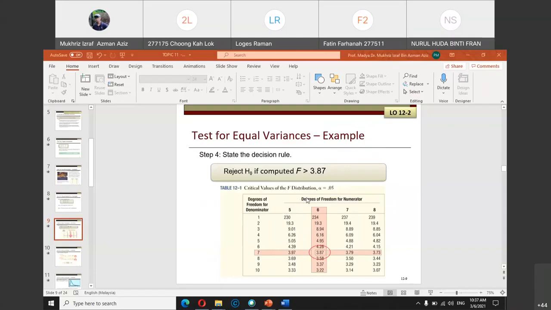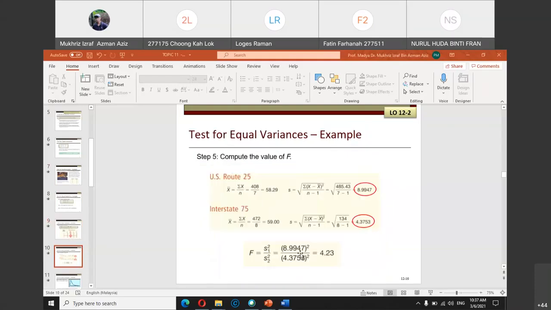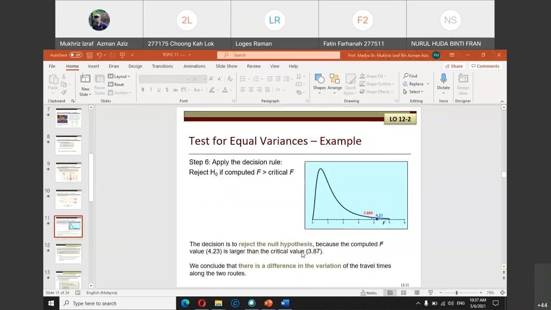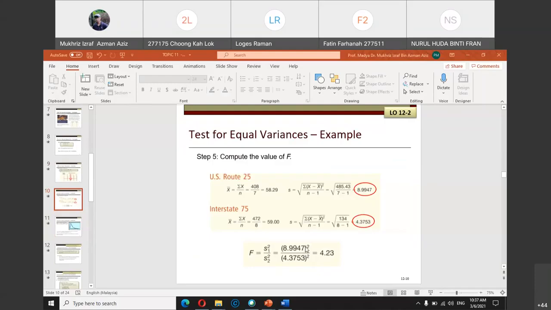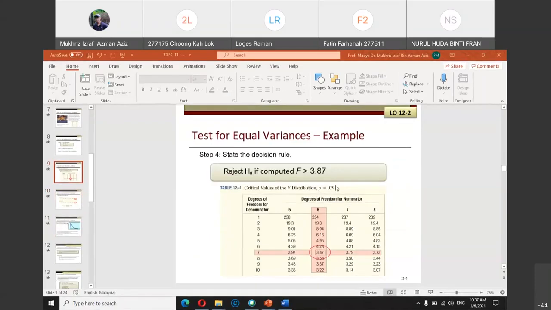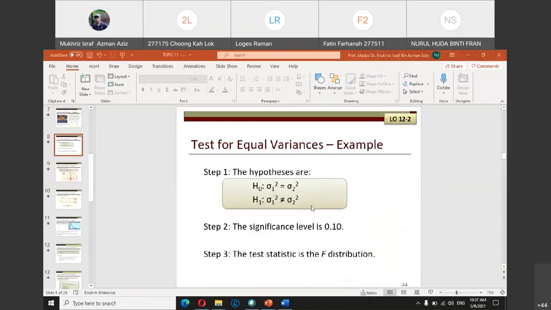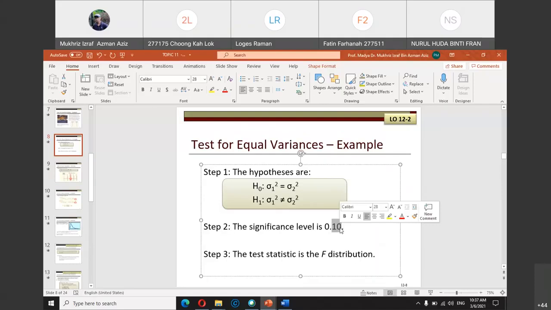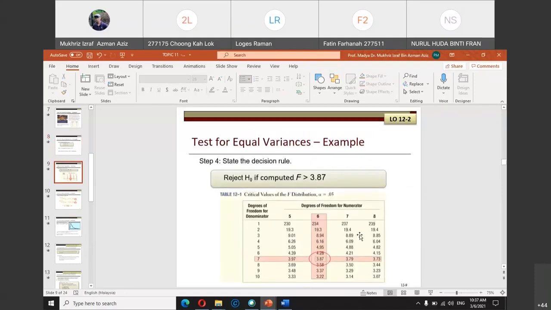I think there is a slight error here. If you look at this table here, it is referring to 5%, but the question here refers to 10%. So you need to change it to 0.05.